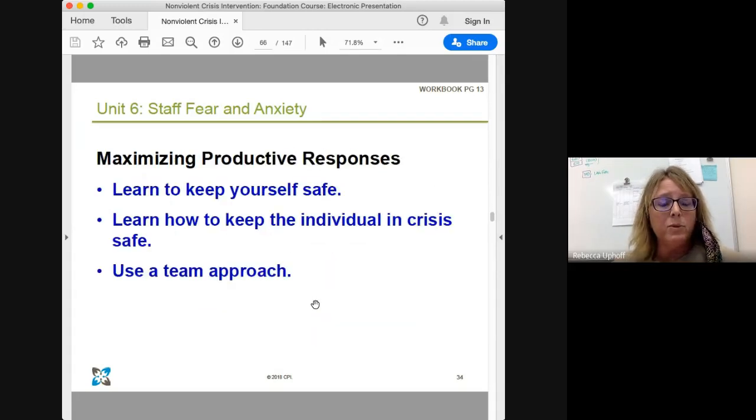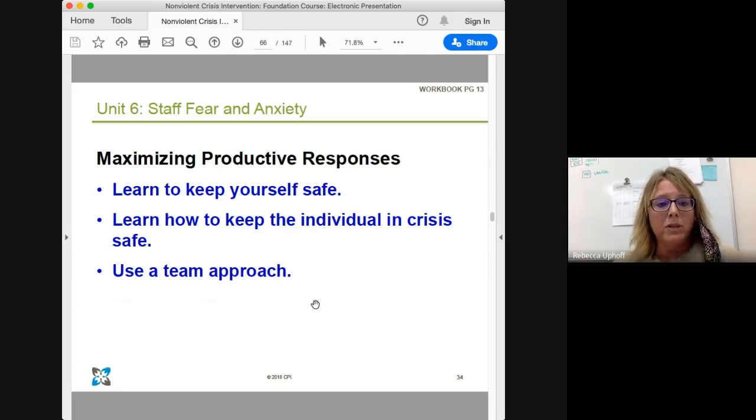Maximizing our productive responses, learning to keep ourselves safe. We've talked about some proactive strategies of how to keep yourself safe. It might be the attire that you're wearing. It might be your proximity with a situation. It might be removing yourself from the situation, because sometimes we might be that precipitating factor involved in situations. Learning how to keep the individuals in crisis safe.